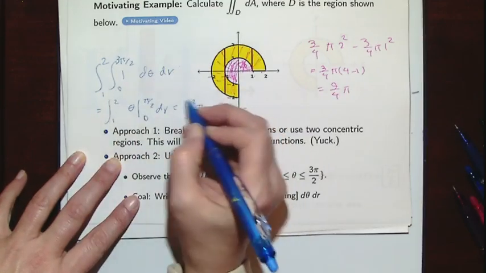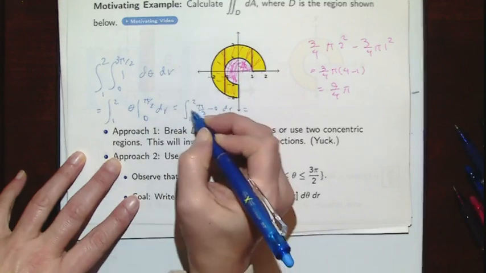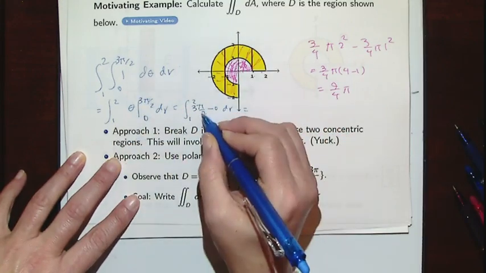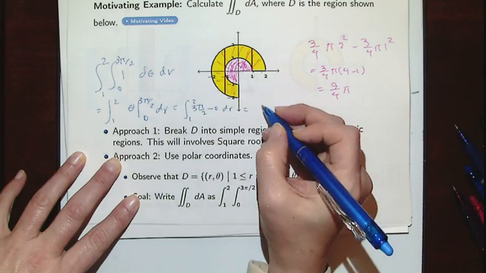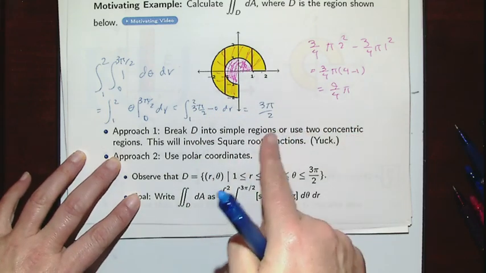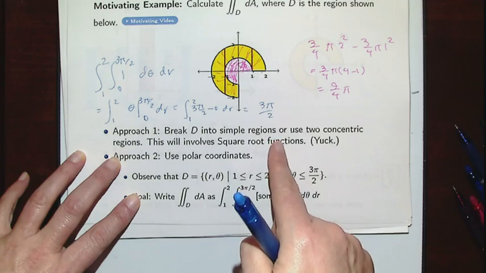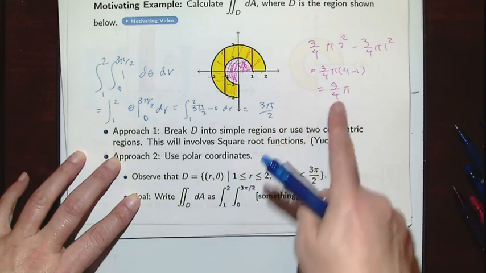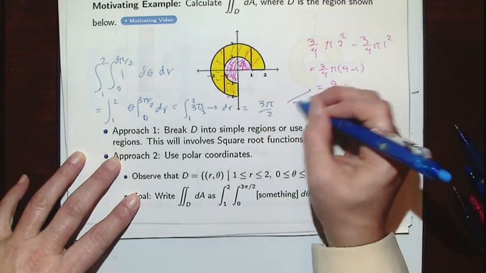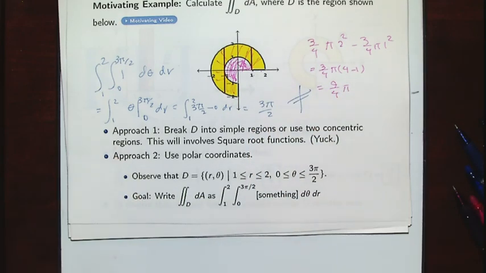Thank you. Then 3 pi half times 2 minus 1 is 3 pi half. Hey, what just happened? These two are not equal. Why is it not equal?